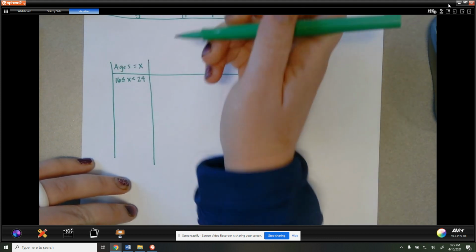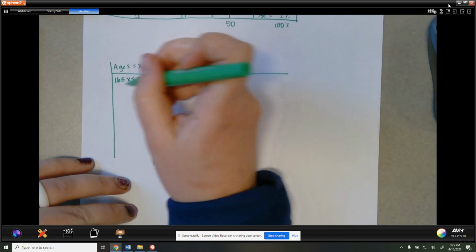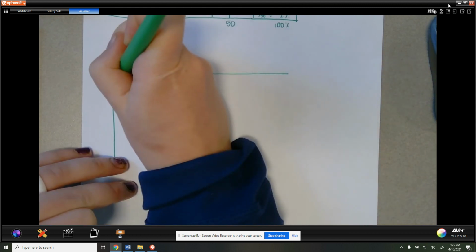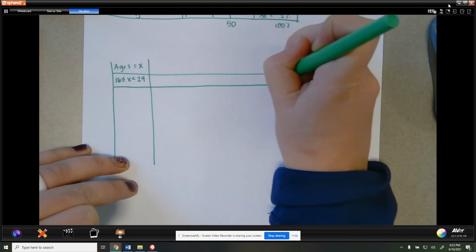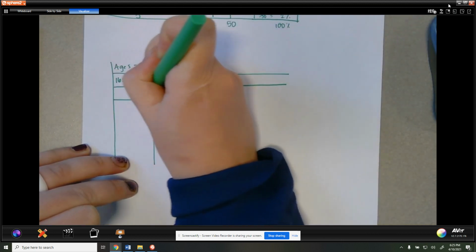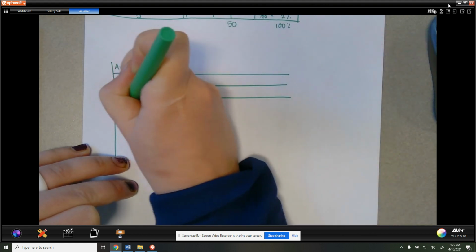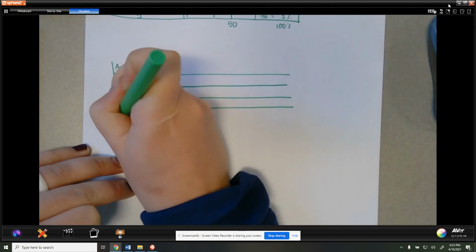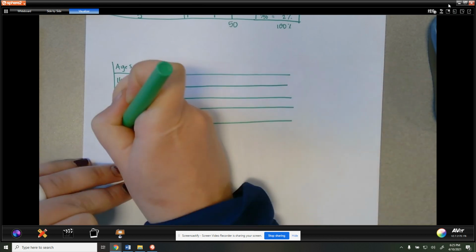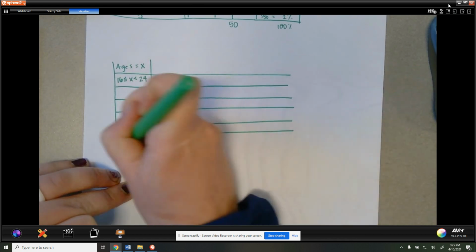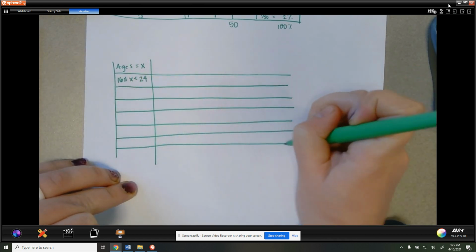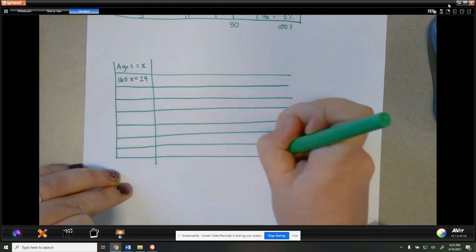All right, so that is the distance of my ages here. I'm going to have 6 groups: 1, 2, 3, 4, 5, 6, and we can do a total, I guess, too. Lovely.